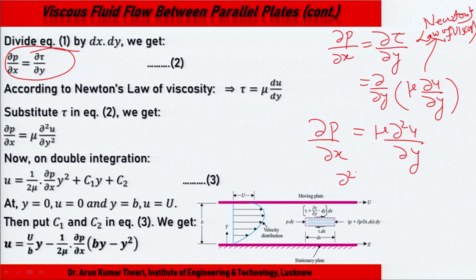If you want to calculate velocity, what can you do? You can write del u upon del y equal to 1 upon mu del p upon del x, integrate 2 times.